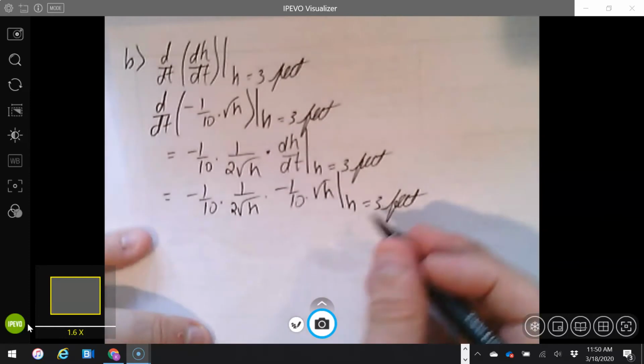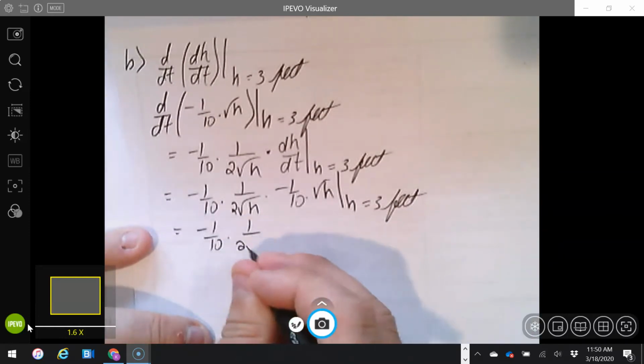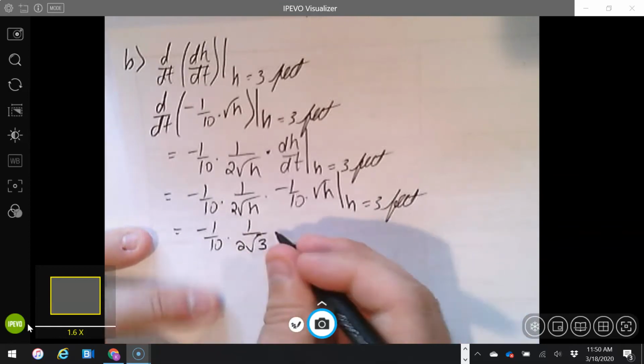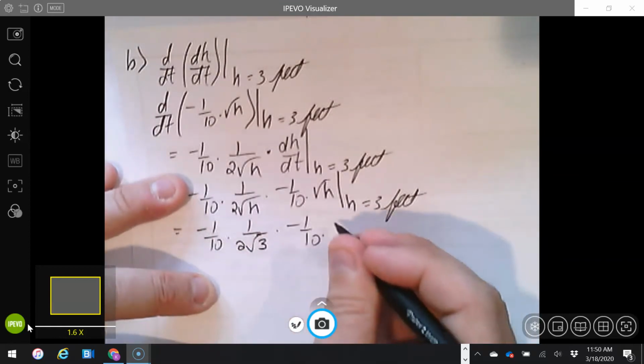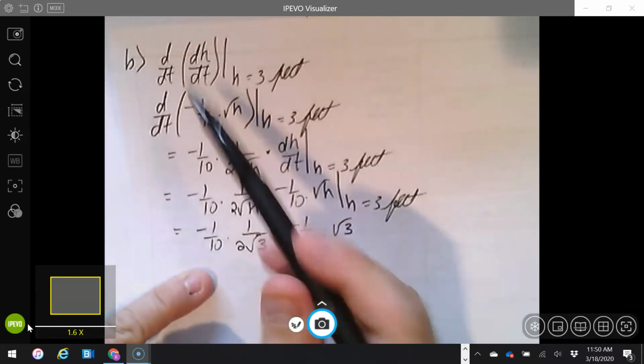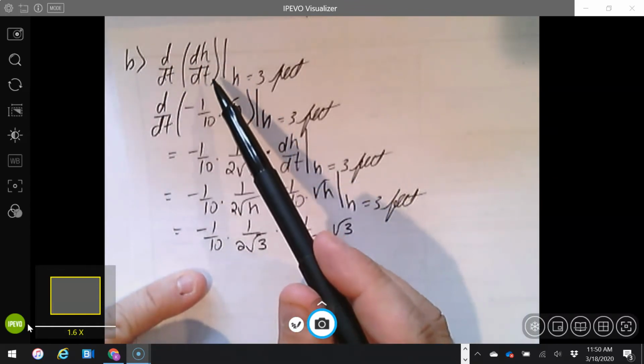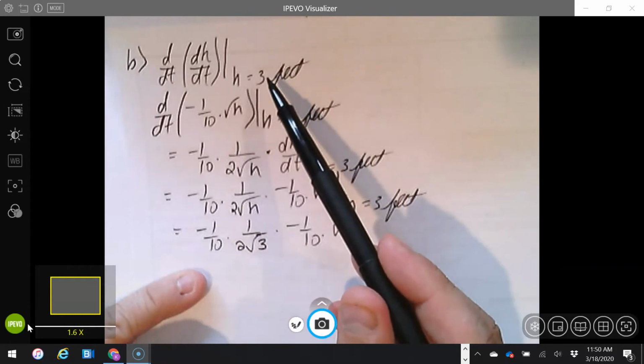If I plug in 3 everywhere there's an h, we get negative 1 over 10 times 1 over 2 square root of 3 times negative 1 over 10 times the square root of 3. Now, that is the derivative with respect to time of dh/dt at h equals 3.